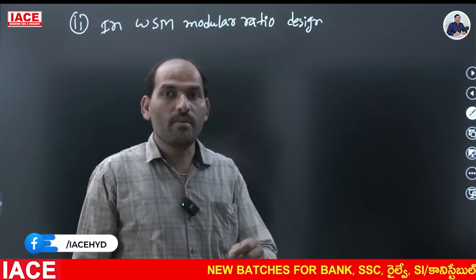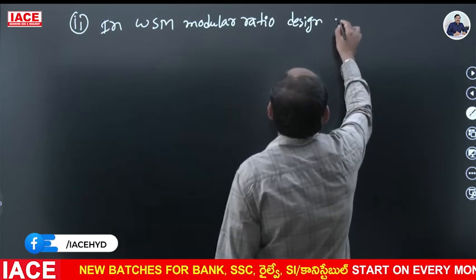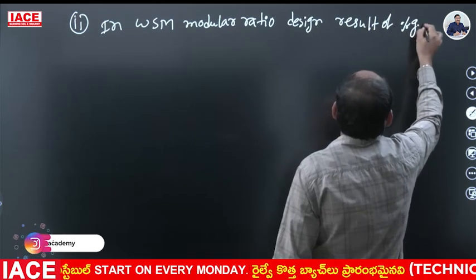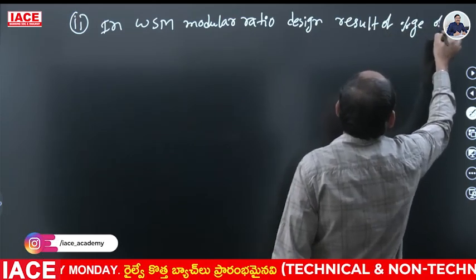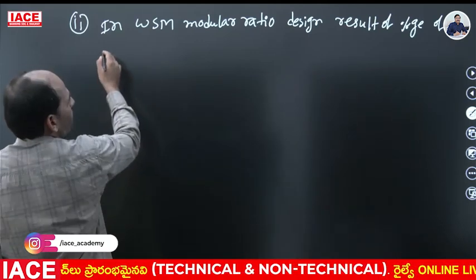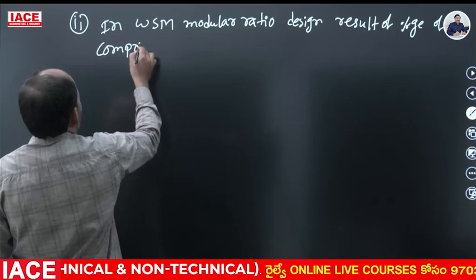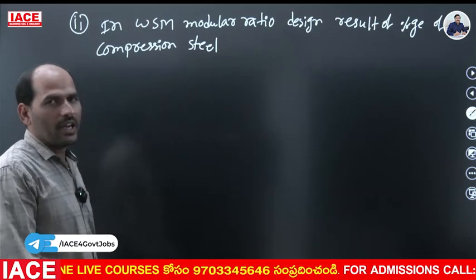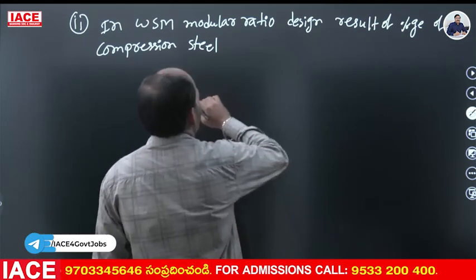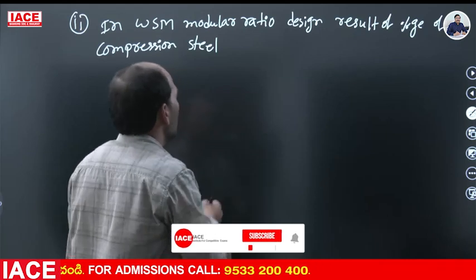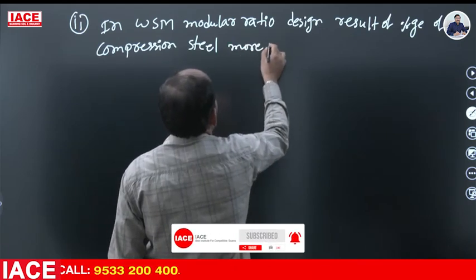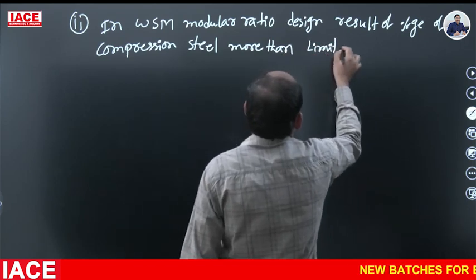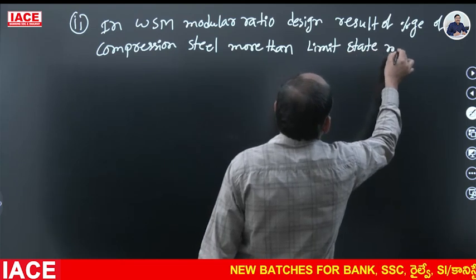The result of the percentage of compression steel is more than in the limit state method.